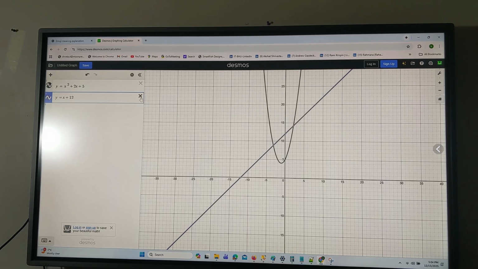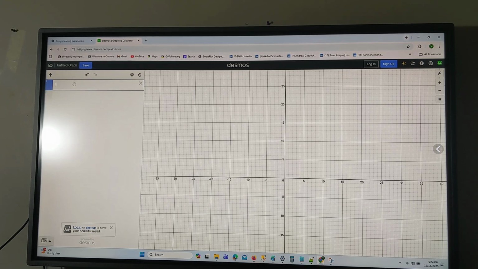There are a few other features in Desmos that you need to be aware of. You can draw a table, for example a list of the points (2, 4), and then (7, 14), and then you can click on this point and draw the equation of the straight line passing through these points.